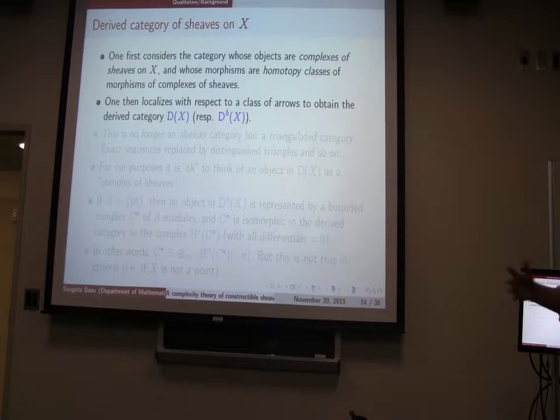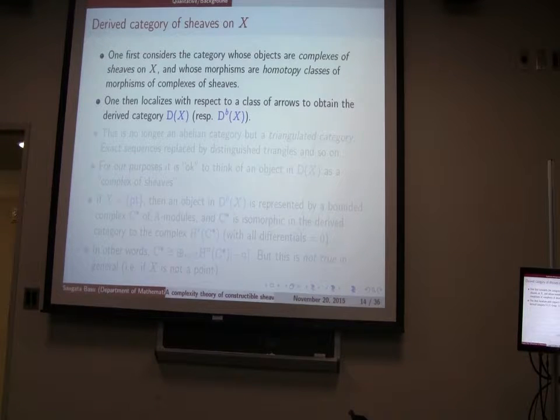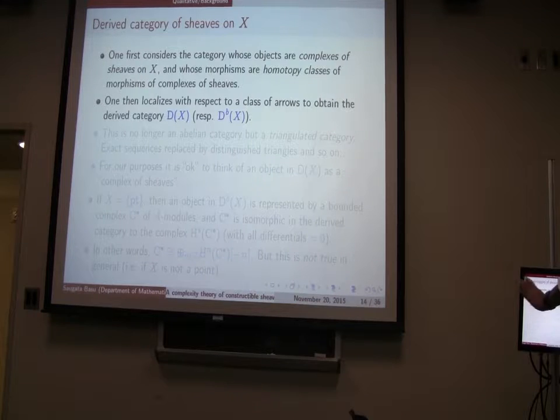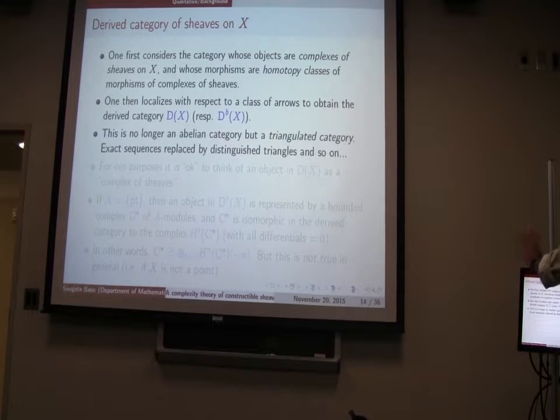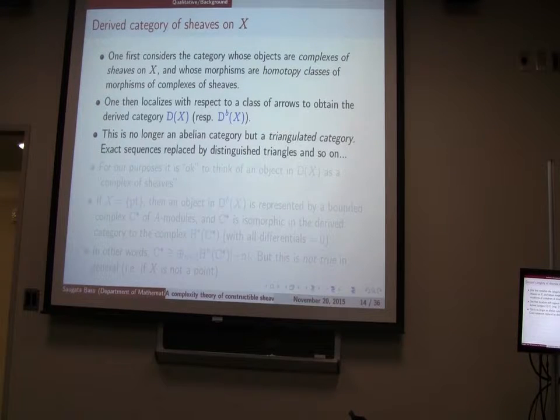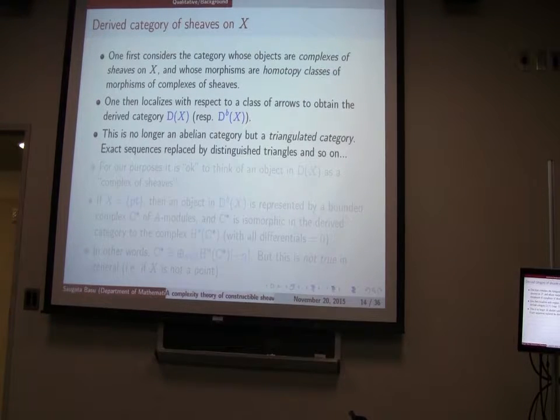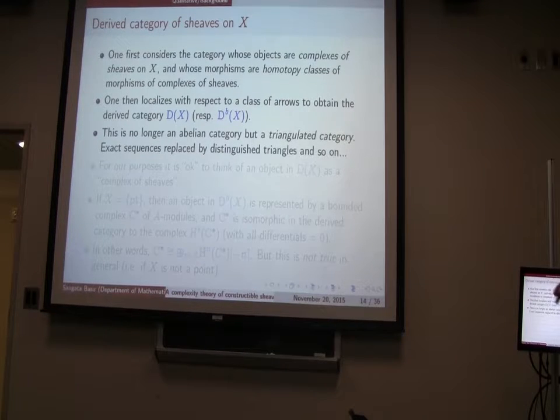And then the complex of sheaves is the same with sheaves. But when you take this quotient to get to the derived category, and this is more of a warning, it is not going to come up too much in what I discuss, it's no longer an abelian category. Exact sequences will be replaced by something called distinguished triangles. So there is no notion of kernel.